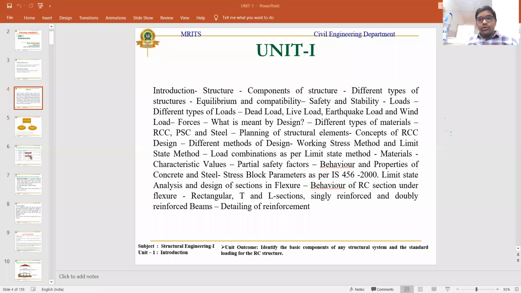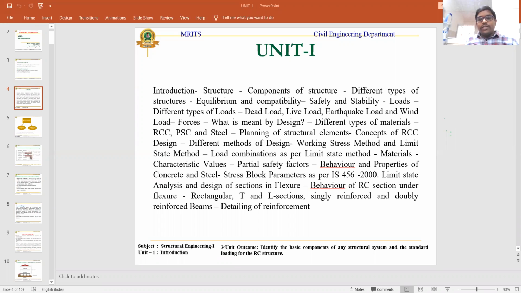Thereby we have divided the rectangular section into two zones: one is the concrete zone, and one is the tensile zone. However, while designing any structure, we place the steel at the bottom side and concrete at the top side. You can see here, I am placing the bars.